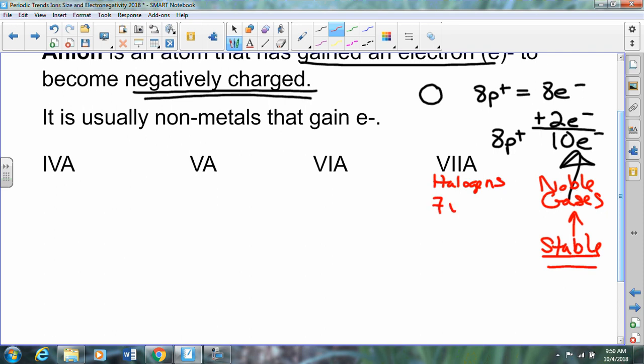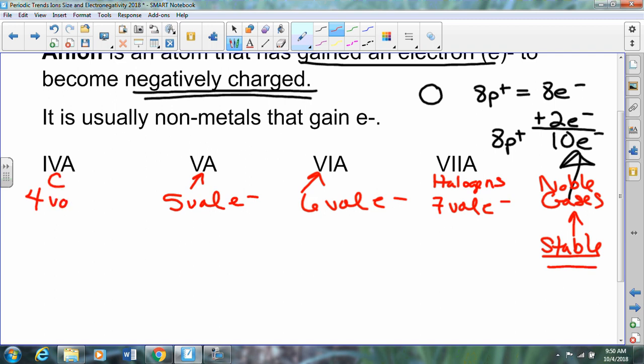They do have 7 valence electrons. Underneath oxygen, you have 6 valence electrons. Here we have 5 valence electrons. And then things like carbon have 4 valence electrons. We're mostly going to focus from this over for our nonmetals.